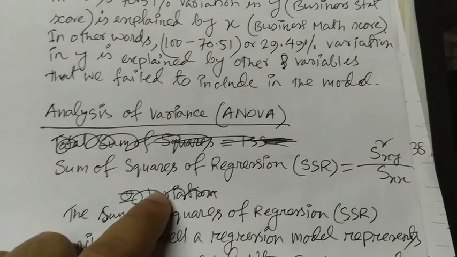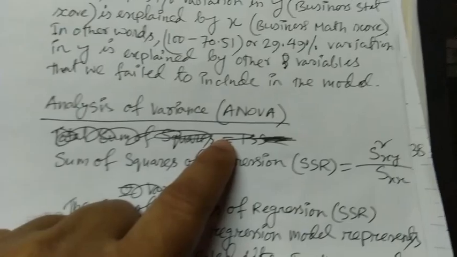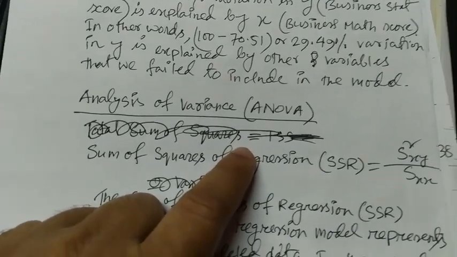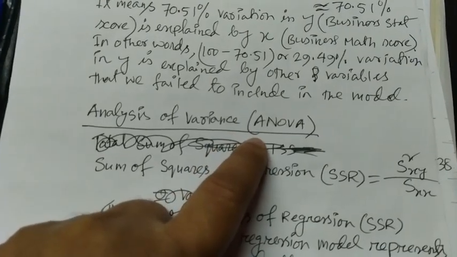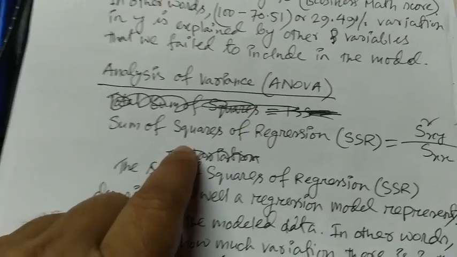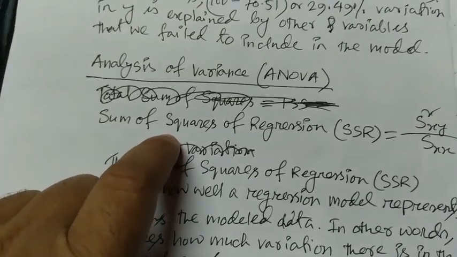So now we will move to analysis of variance. To understand how good a regression model is, we should also calculate the ANOVA table. First of all, we need to understand the components of an ANOVA table.